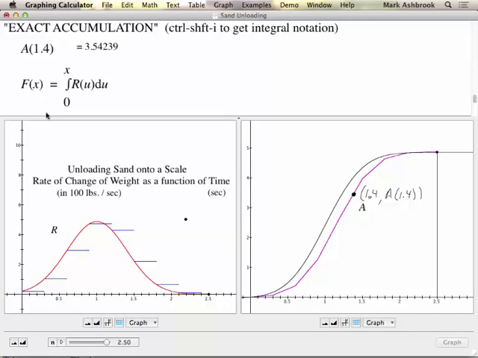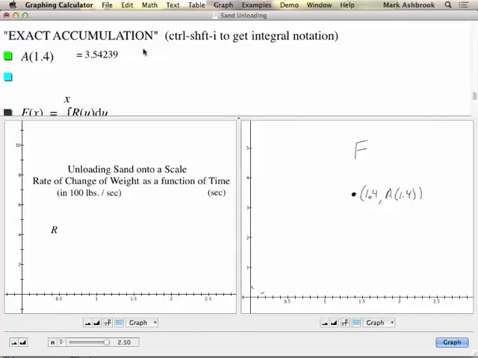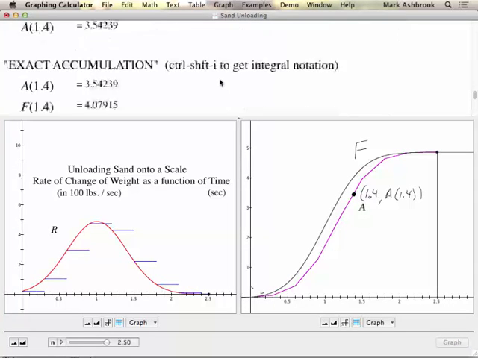So here's our exact. Here's the capital F function that I graphed, which is our integral function, which we know is virtually the same as our A function when delta X is very, very small. Essentially the same function. So if I do F of 1.4, I'm expecting what kind of value compared to A of 1.4? Larger. There's the true accumulation of weight of sand.